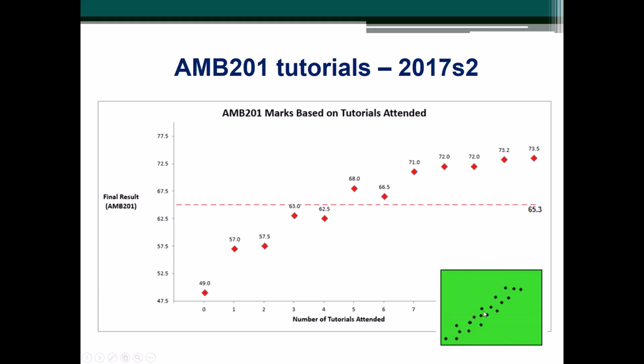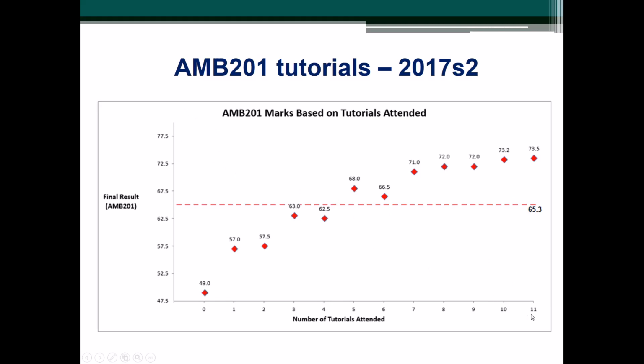We could also potentially get a negative correlation with tutorial data. So if it was the case that the more tutorials attended, the poorer students scored in their overall result, we had this downward trend across number of tutorials attended, we'd call that a negative correlation.